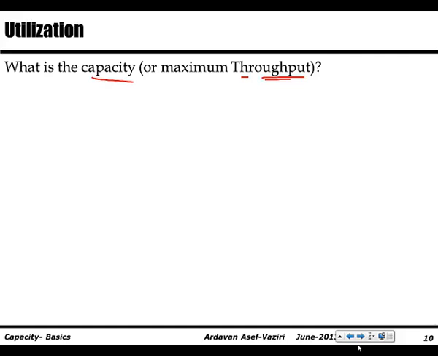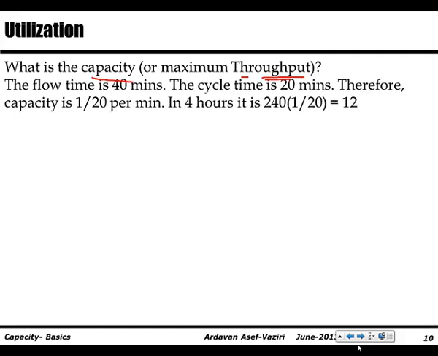In the example, we saw that capacity or maximum throughput of our system was 3 units per hour, or 1/20 units per minute. The flow time was 40 minutes, which was the summation of the flow time of the three operations, 15 plus 20 plus 5. Cycle time was 20 minutes, which was the processing time of the bottleneck operation.